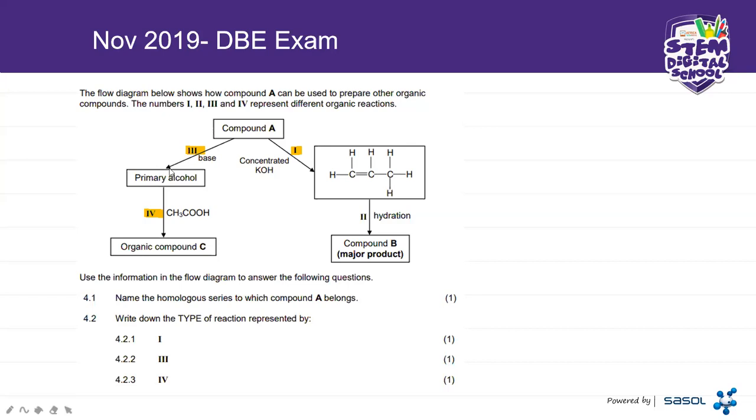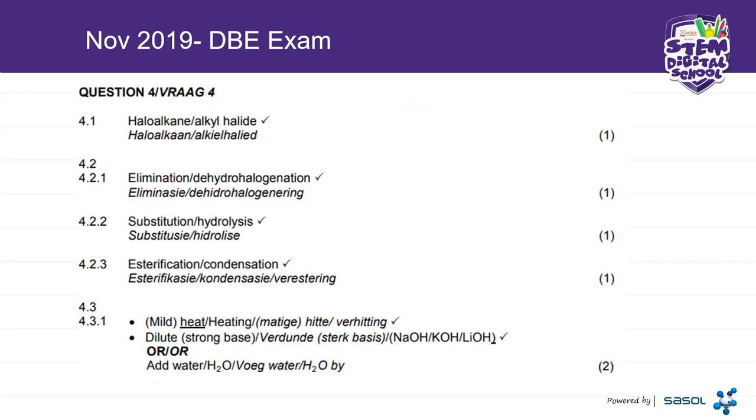And then on number 2, now we got number 3. It says that here we got compound A, and what we have is a primary alcohol. So what does it mean? What kind of reaction took place here? It's going to be a substitution reaction. Why is it a substitution reaction?